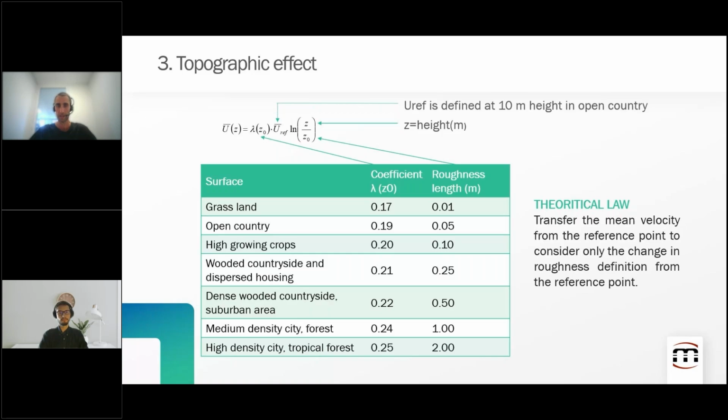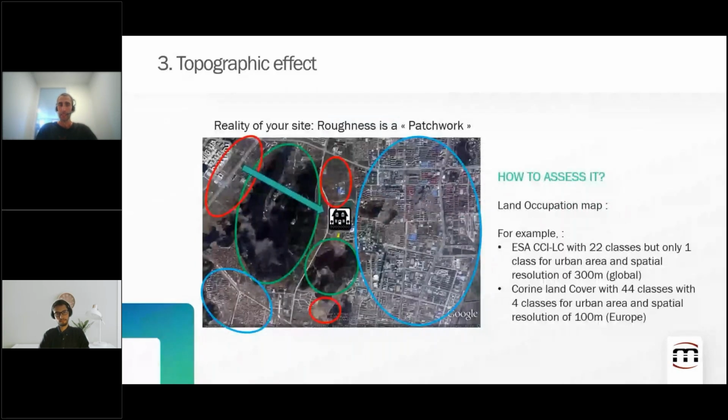Okay, let's move to the next subject. Now the idea is how can I assess the roughness on my site? Because I explained a theoretical law with uniform roughness, but the reality is not that simple.